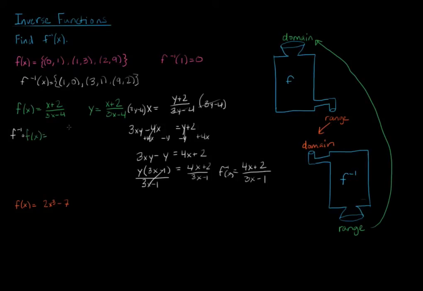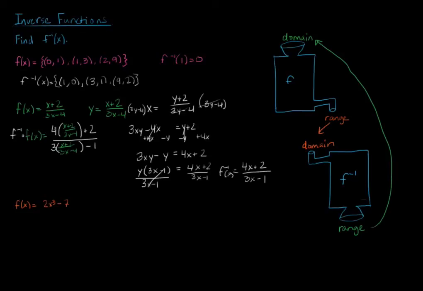So this would be 4 times (x plus 2) over (3x minus 4), plus 2, over 3 times f, which is (x plus 2) over (3x minus 4), minus 1. Okay, and let's see what that works out to be.